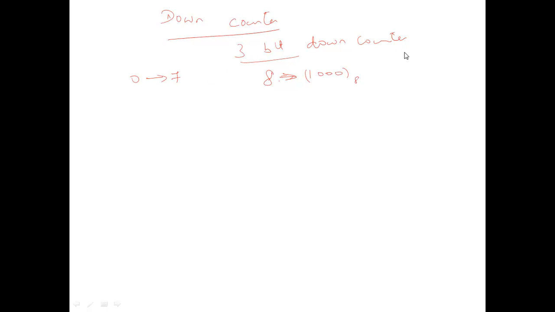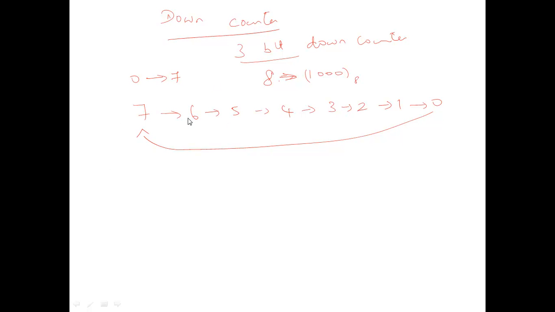When we are talking about a down counter, it is going to count down. It will start with 7, 6, 5, 4, 3, 2, 1, 0. Then after that it will go to 7 again.